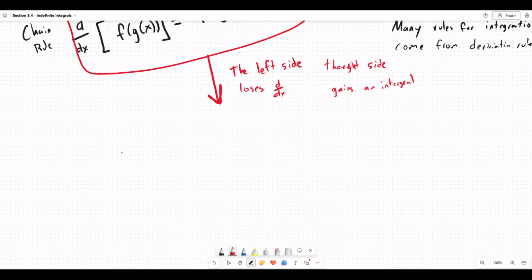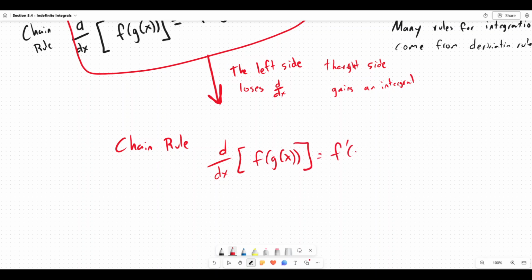Okay, specifically for the chain rule where we're going to start, the derivative of f of g of x equals f prime of g of x times g prime of x.